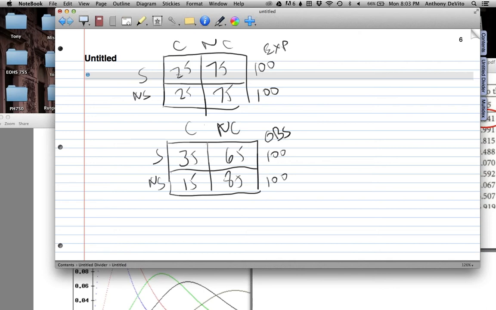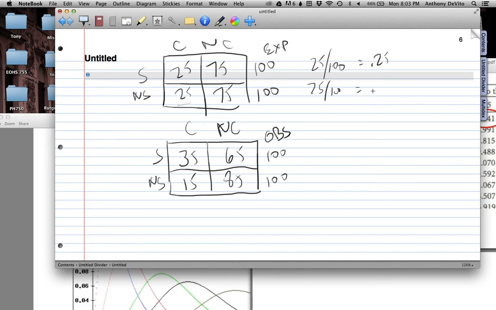Okay, now I'm going to take a look at this from another perspective. What's the rate of coughing in people? If I look at my expected values, what's the rate at which smokers cough? It's 25 out of 100. What's the rate at which non-smokers cough? 25 out of 100 also. So the probability of being a cougher if you're a smoker is 0.25.